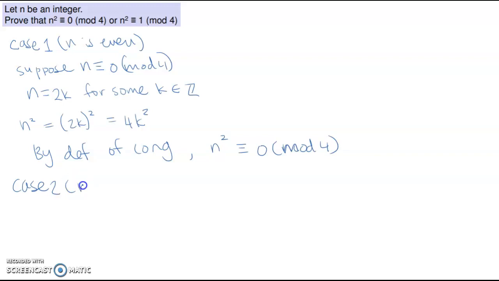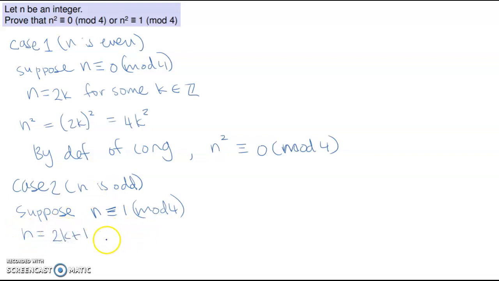Let's go to case 2, where n is odd. If this also works, then we have proven that these two cases are true. To prove this, I'm going to suppose that n is congruent to 1 mod 4. And this makes sense because if we're trying to divide something by 4, if it's an odd number, then we're going to get the remainder of 1. So if n is odd, then we have 2k plus 1.